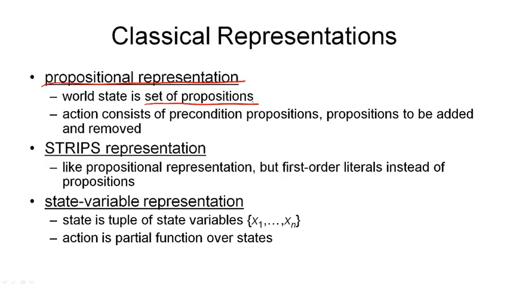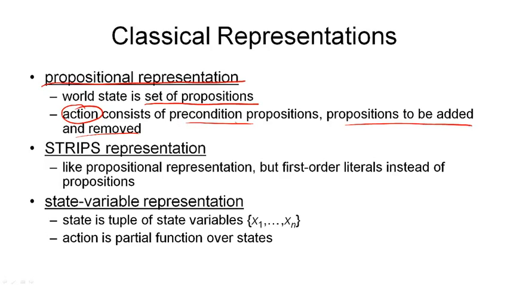In the propositional representation, there are only proposition symbols. Actions in the propositional representation consist of preconditions, and postconditions to be added and to be removed. The first thing to note here is that there are only actions. There are no operators because we don't have parameters, and that's because we have symbols that have no objects. They relate to each other. So there are no variables, which means everything is ground, everything is an action.